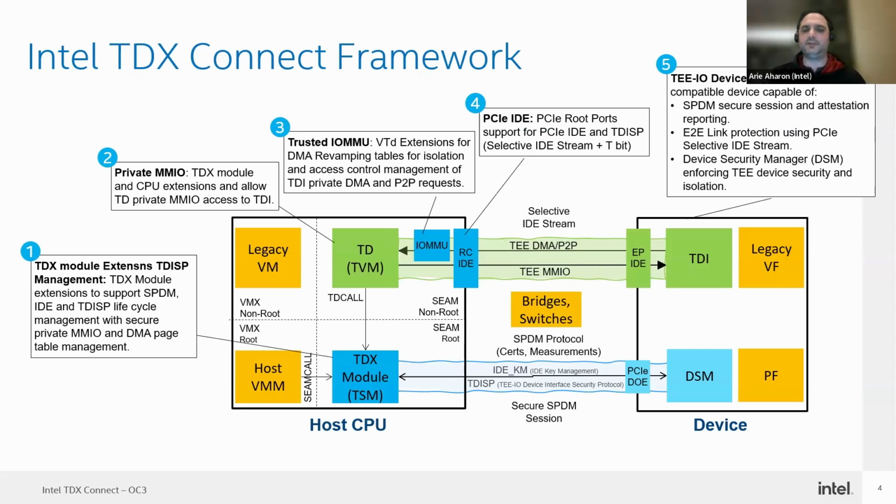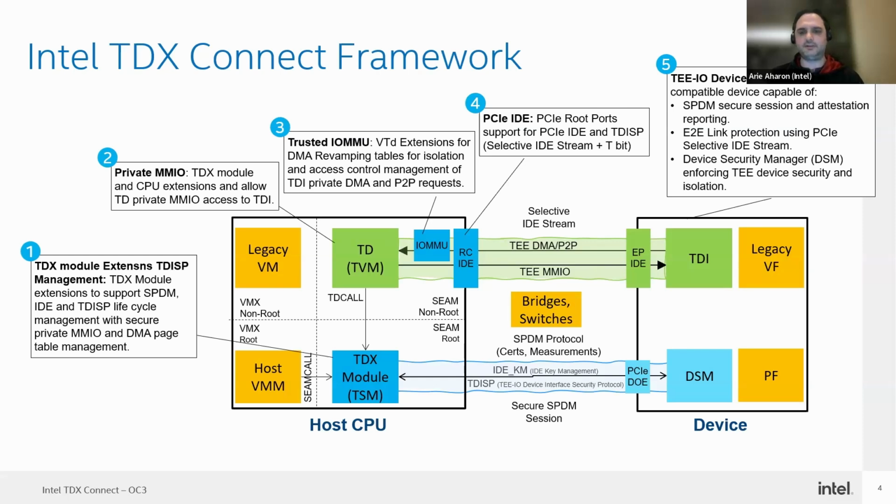The fourth component, of course, is the link itself. The link needs to be encrypted and protected, and the link protection is established according to the PCIe IDE specification. The TDX module orchestrates the IDE configuration, ensuring that the link is protected and secure before connecting devices to TDs.